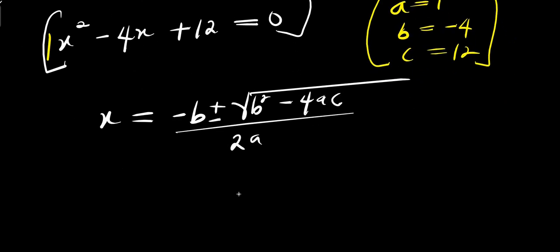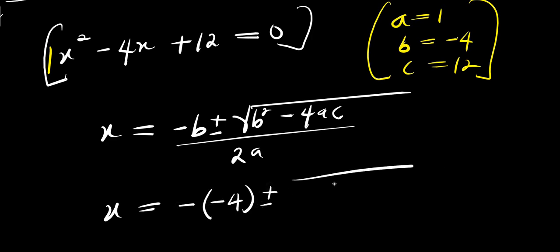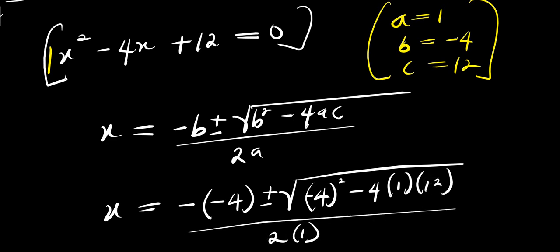So let's insert the values right here. x equals negative times negative 4 plus or minus square root of negative 4 power 2 minus 4 times 1 times 12, divided by 2 times 1, 2 times a.